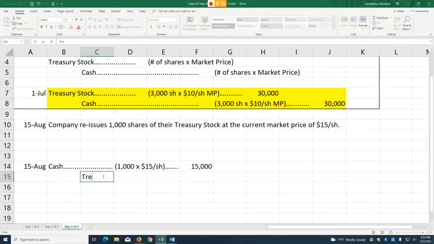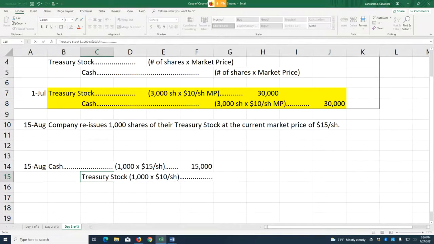I'm going to now remove the treasury stock, or some of it at least, from my books. But here's the kicker. The treasury stock has to come off at the pivot value. So when I first bought those shares, they were at that pivot value of 10.